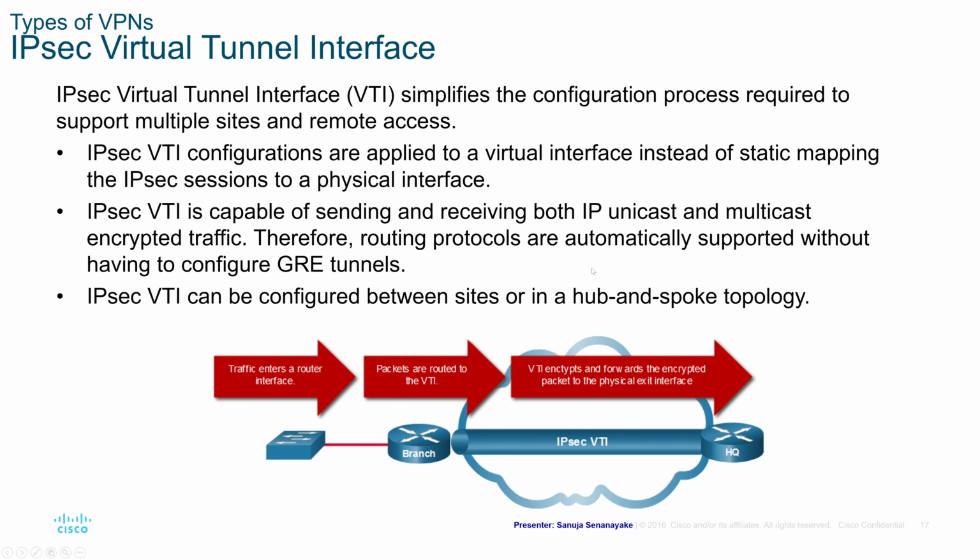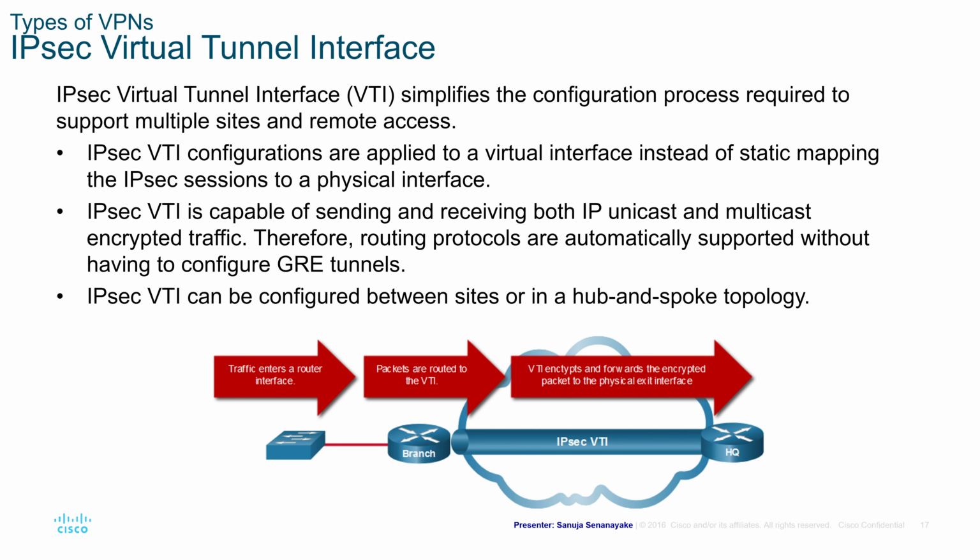IPsec Virtual Tunnel Interface. The IPsec Virtual Tunnel Interface, also known as VTI, simplifies the configuration process required to support multiple sites and remote access. IPsec VTI configurations are applied to a virtual interface instead of a static mapping of the IPsec sessions to a physical interface.